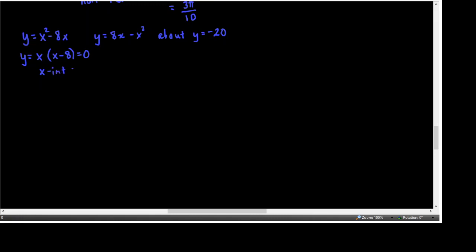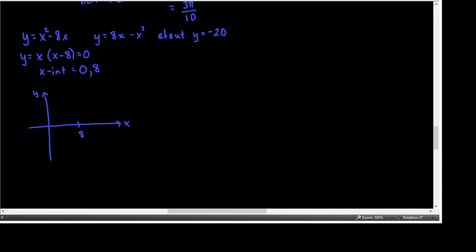And so the x-intercepts are 0 and 8. So let's say 8 is about right there. And of course 0 is at the y-axis.